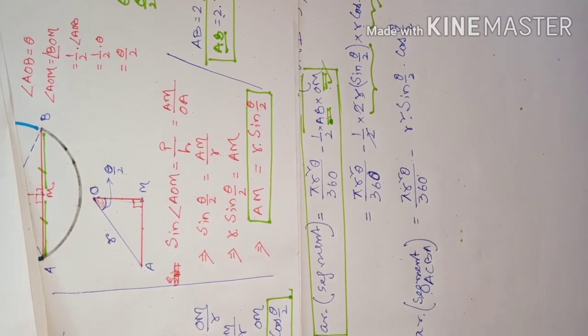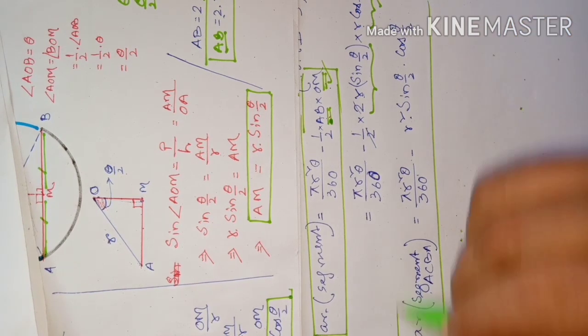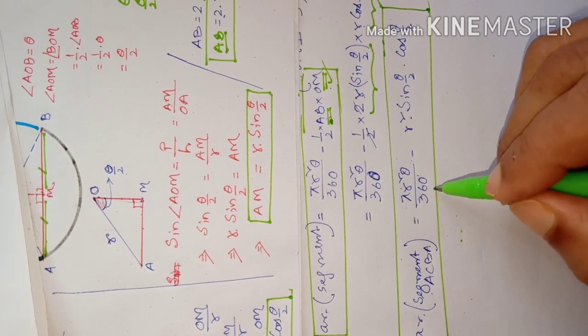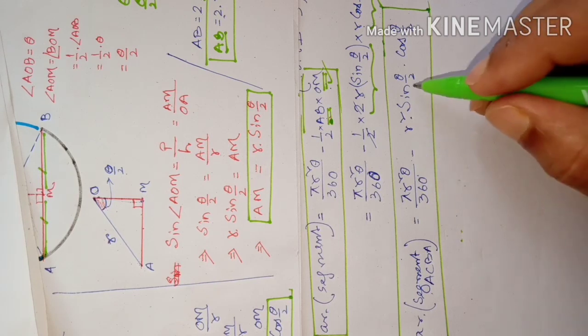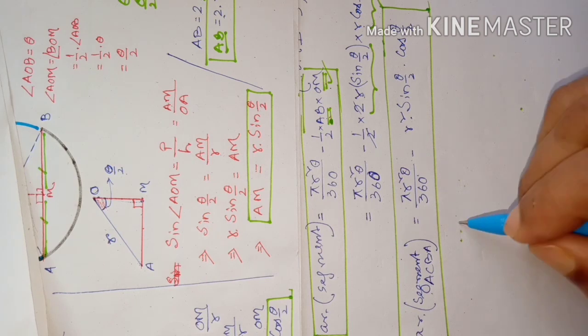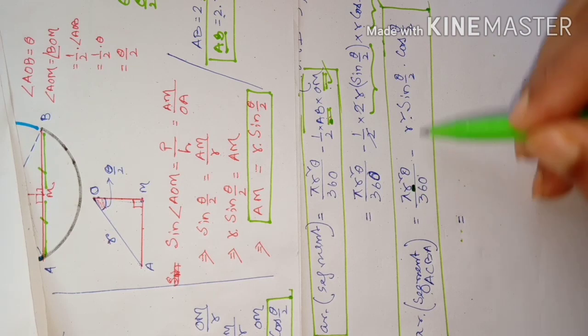Area of segment ACBA is equal to, I am keeping in a box, pi r square theta by 360 minus r square into sin theta by 2 cos theta by 2. Here one more step we can extend like this. You have noticed, I think, r square is present here and also here.